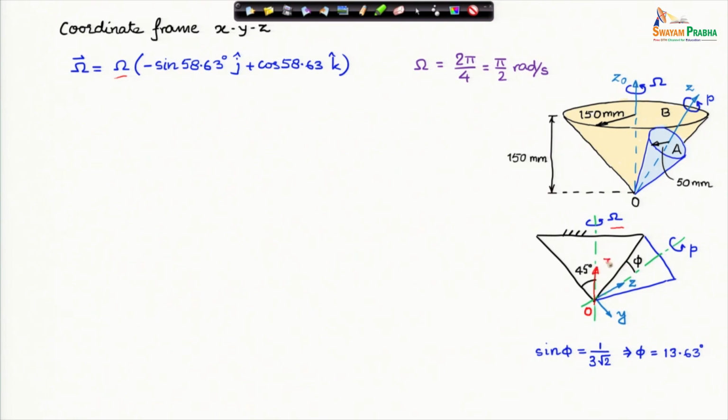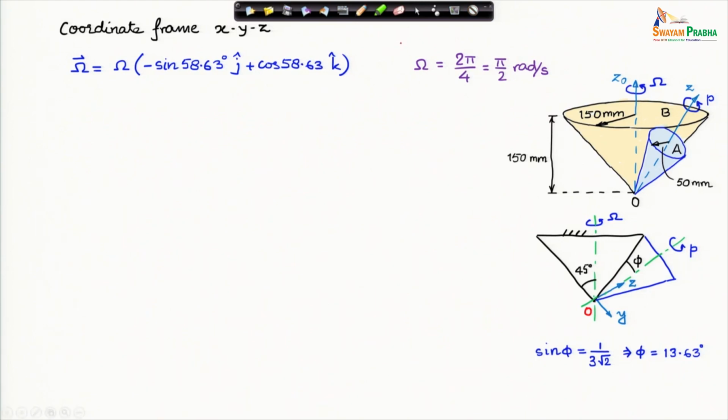Let me call it z naught cap, and you can find it out from geometry. This angle phi is 13.63 and this is 45 degree, and therefore, that angle is 58.63 degree. Z naught makes an angle of 58.63 degree with z axis. Now, it is easy to represent the unit vector in that direction.